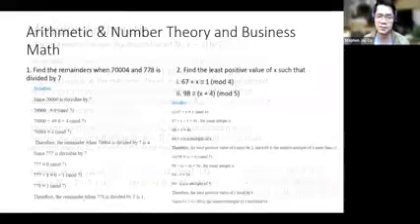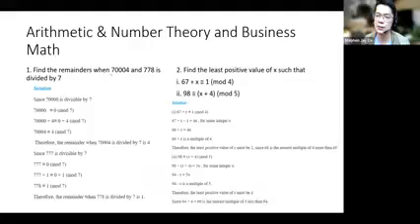So let's have some examples. Find the remainders when 70,004 and 778 are divided by 7. Since 70,000 is divisible by 7, remember we could do this partially. This is 70,000 and 4.